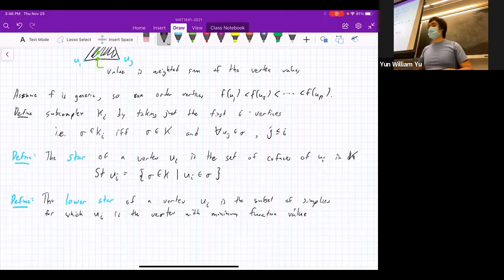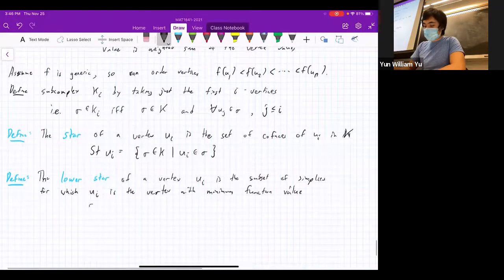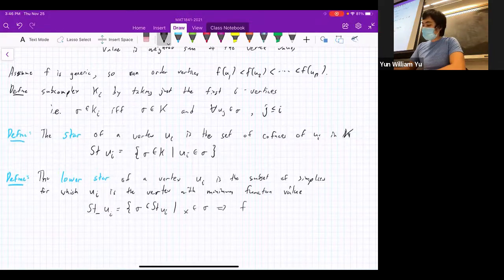What we're saying is that this is all the simplices where ui is the bottom vertex. If we write this out, the lower star of ui is equal to the set of sigma in the star of ui such that x in sigma implies that f of x is less than or equal to f of ui, for vertices x.